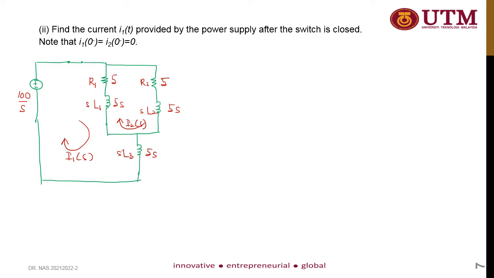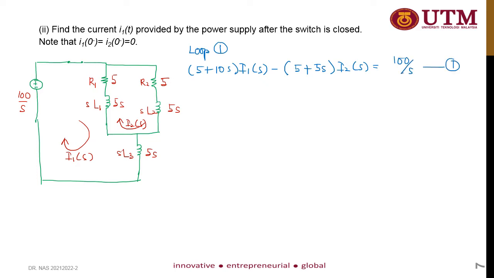On the left loop, we call it loop 1, it is basically 5 plus the total 10s for I1(s), minus the shared one, 5 plus 5s, I2(s), equal to the source, 100 over s. So this is equation 1.